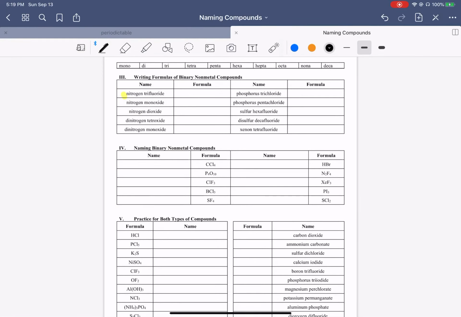Okay, me having a little difficulty here. So we're going to have nitrogen, N is a -3, F, okay, it's going to be just NF3.